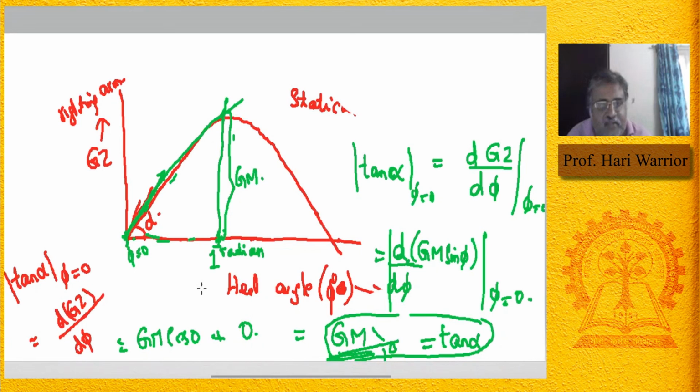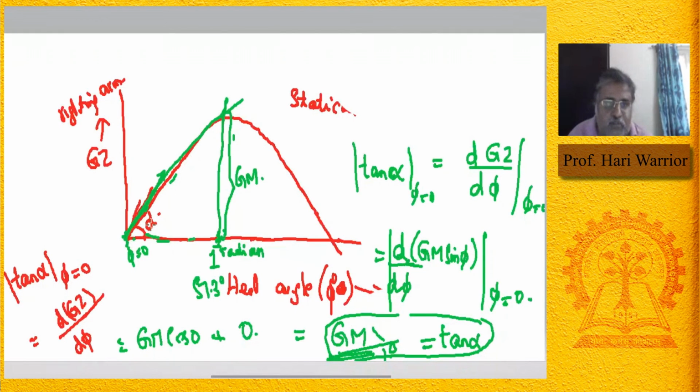So when you take 1 radian, which is actually about 57.3 degrees, if you draw a perpendicular upwards, and similarly draw a line from the origin as a tangent to this curve, they will intersect at a point which will be equal to GM.